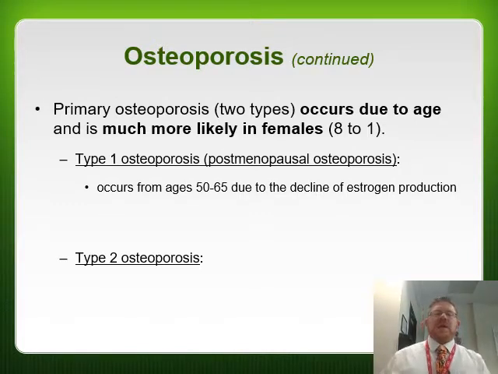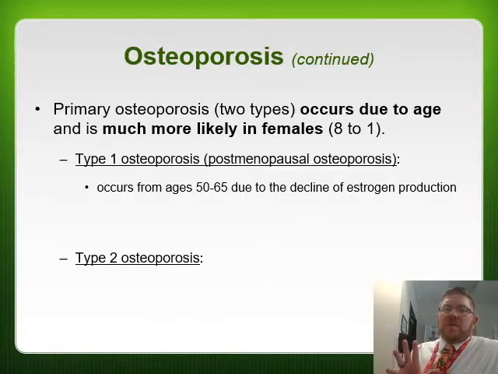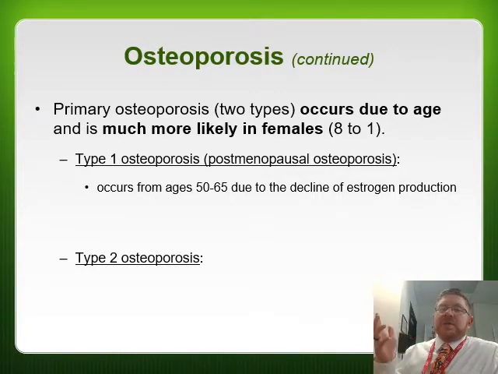usually occurs between the ages of 50 and 65, because that is typically when women will go through a rather significant change in their bodies, and that's going through menopause, where they no longer are going to have their menstrual cycle. And when that happens, the amount of estrogen that's produced in the body is going to be really diminished significantly. And estrogen is tied to bone health for women.